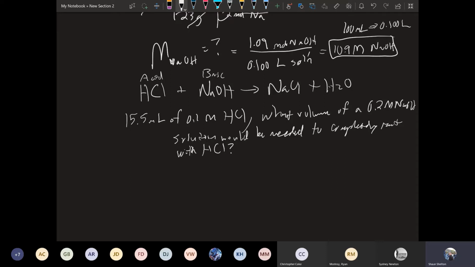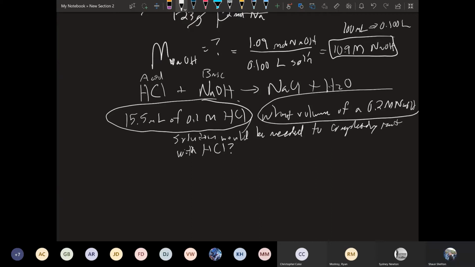Okay, so we've got two pieces of information. We have the given, and then we have our question. All right, so that's our goal, is to solve for the volume. So to do this, just a little bit different, okay? It's not like our typical roadmap that we were using just a few minutes ago.